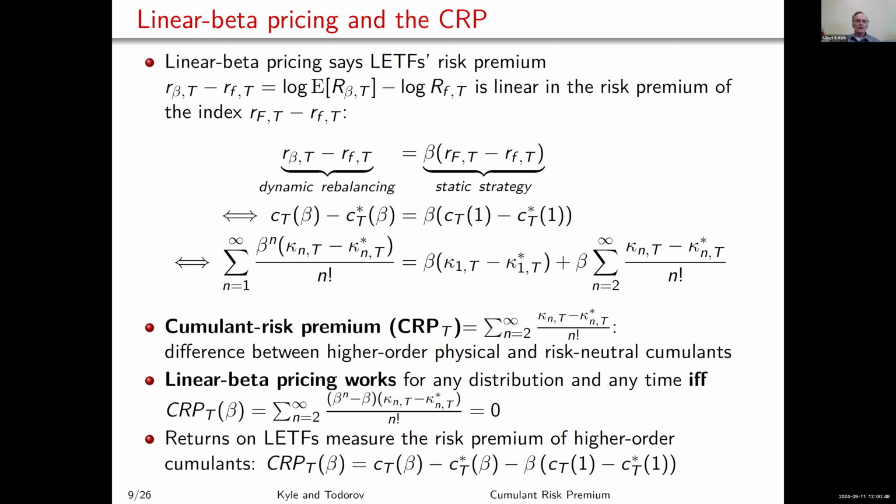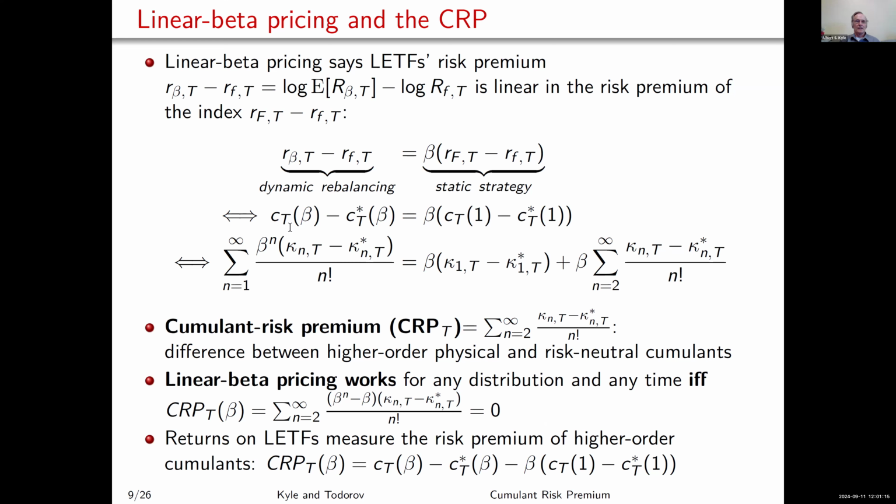And if you compare the difference between the static strategy over, say, a month, where capital T is like a month, that is not rebalanced, and the dynamic strategy that is rebalanced over that month, you can ask yourselves, when do you get linear beta pricing like we know you get when you're working with a Merton model? And the answer is when the cumulant risk premiums are the same.